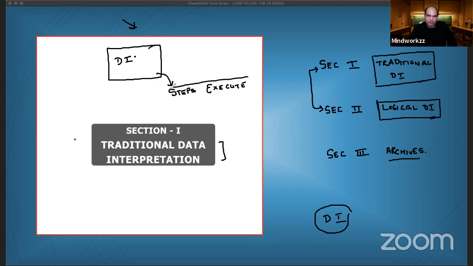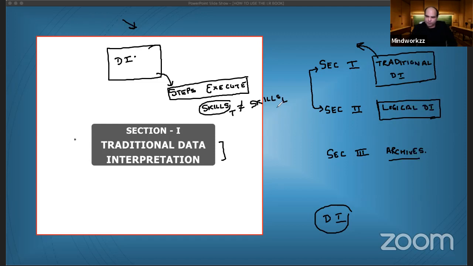In that context, what I could very clearly see as a trainer is that the steps required to solve questions in what I now call traditional data interpretation were very different from the skills required to solve a logical DI question. They were very, very different from each other.